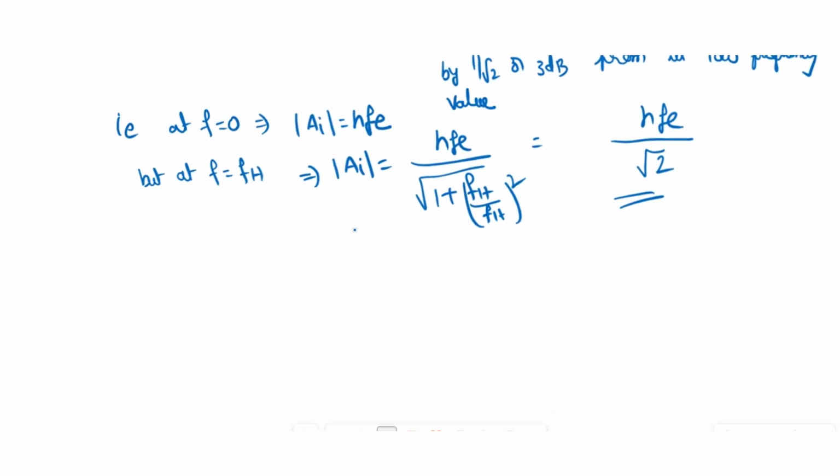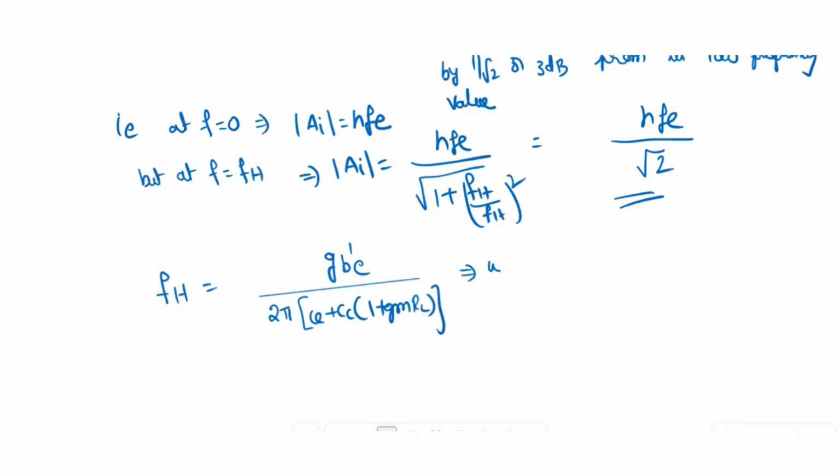Another important point is, what is actually fh? Fh is GB dash E by two pi of CE plus CC of 1 plus GMRL. It implies when RL is equal to 0, FH becomes GB dash E by 2 pi of CE plus CC, which is nothing but F beta.